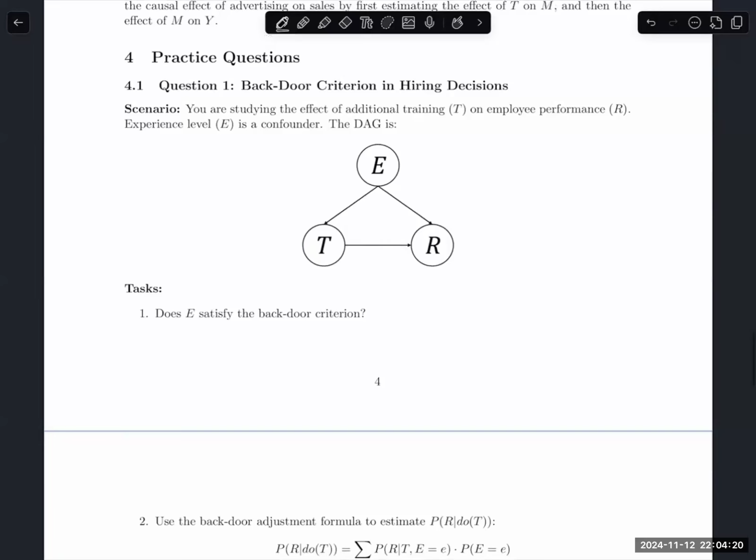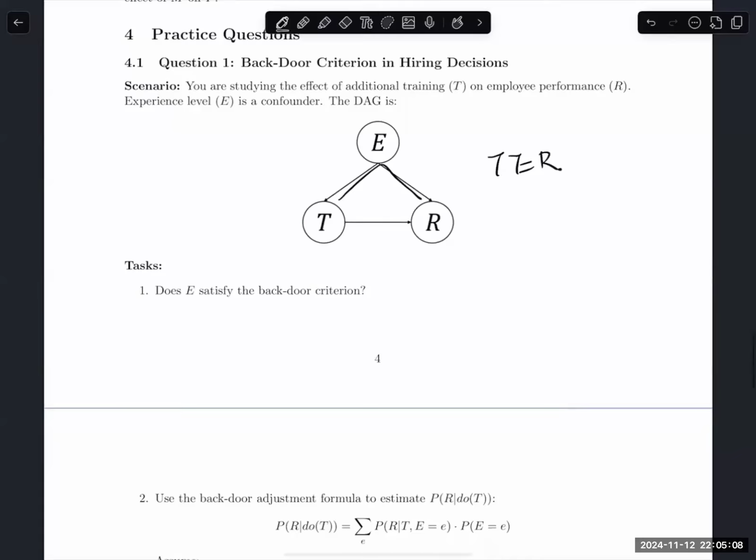To satisfy the backdoor criterion, a variable set W must block all the backdoor paths from T to R, and W should not be a descendant of T. In this case, the experience level E blocks the backdoor path from T to R. The path T-E-R is a backdoor path that could introduce bias, and since E is not a descendant of T, it meets the conditions of the backdoor criterion. So the conclusion is that E satisfies the backdoor criterion.